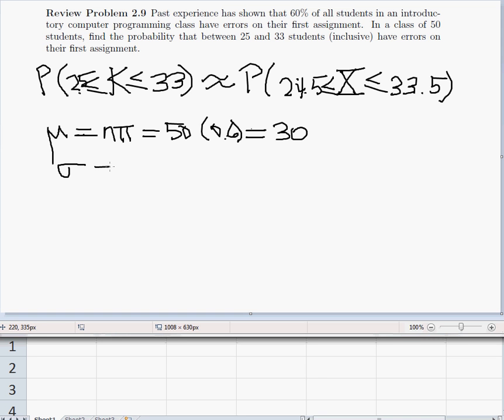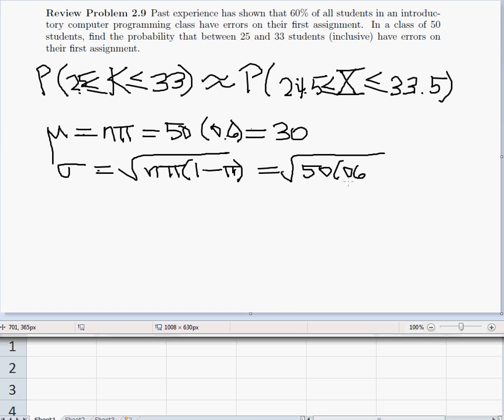The standard deviation is equal to the square root of n times pi times 1 minus pi, which equals the square root of 50 times 0.6 times 0.4.